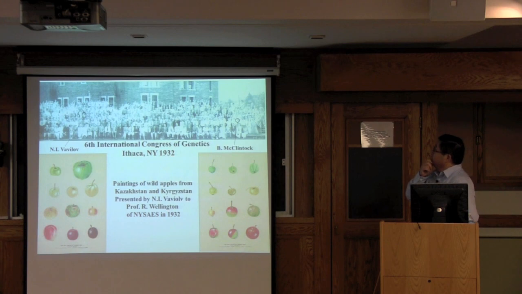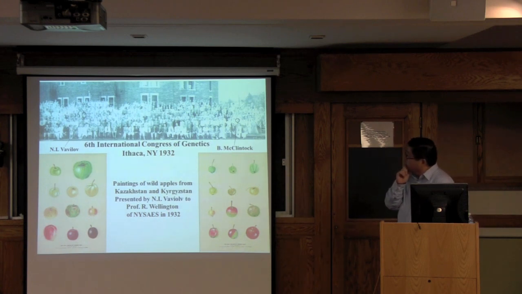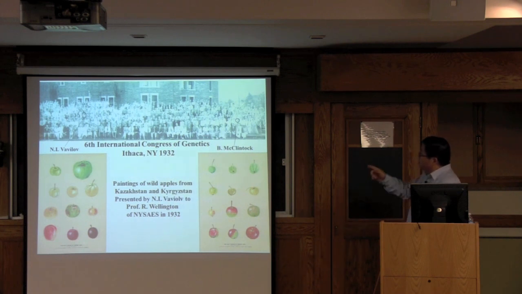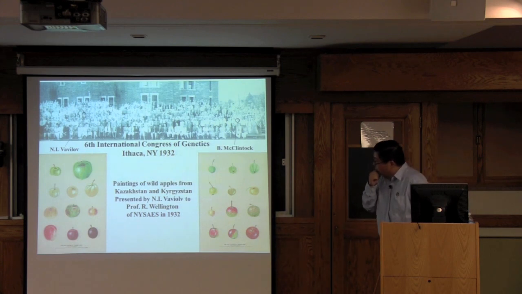Also, something interesting I dug up a little bit: Vavilov actually came to Ithaca in 1932 for the 6th International Congress of Genetics. He was the vice president of the society at that time. It was basically a who's who in genetics. Both animal and plant genetics were all in that meeting, including Barbara McClintock. Also, on that trip, he went to Geneva.